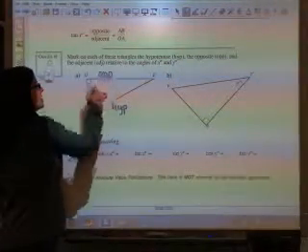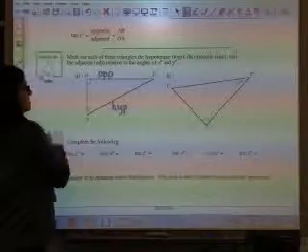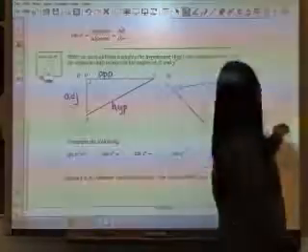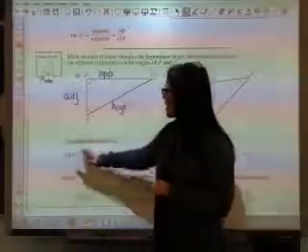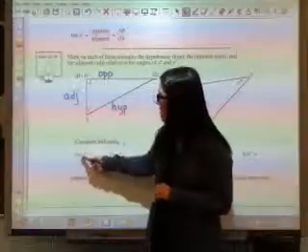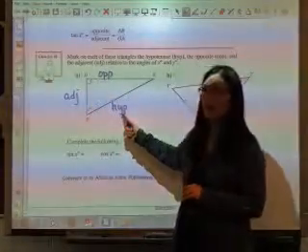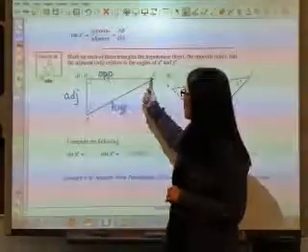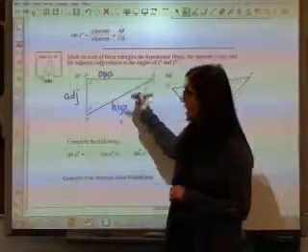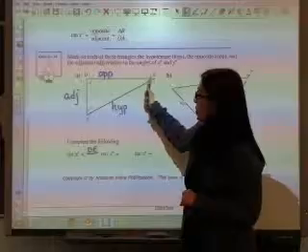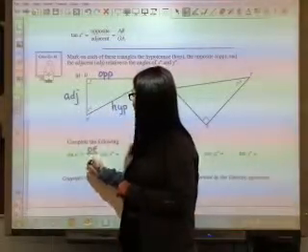And my adjacent? DF. Okay, so now if I look at completing the following, sine x, or sine of angle x, which is opposite over hypotenuse. That opposite side we described as side DE. And the hypotenuse we describe as EF.